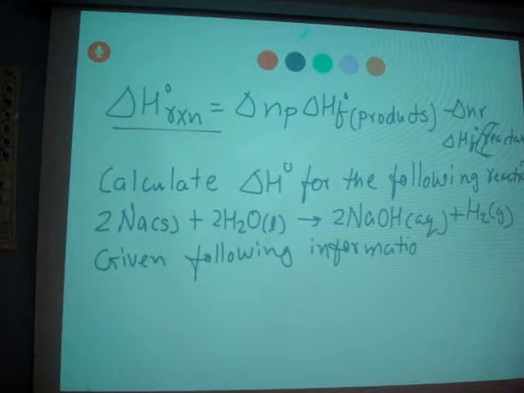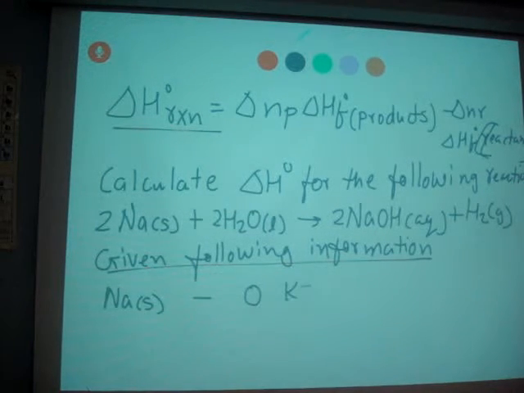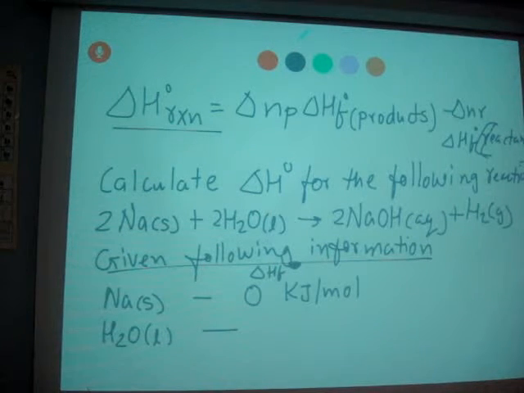What is the information given? Standard enthalpy of formation for Na solid is 0 kilojoules per mole, and we are talking about their formation, HF0. For H2O liquid, it is negative 286 kilojoules per mole.